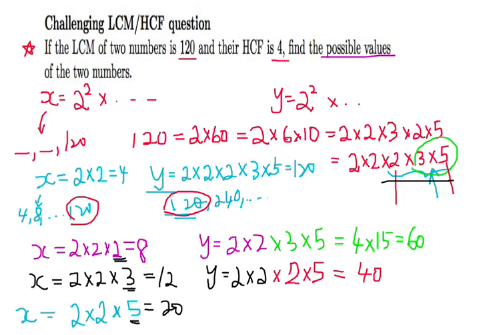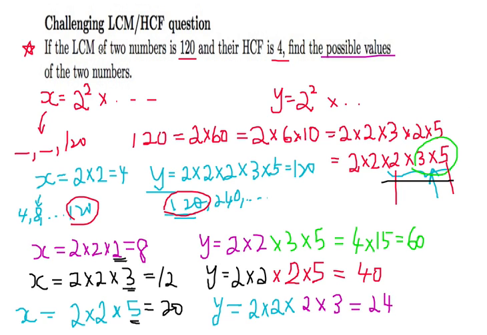And then y, we have 2 and 2 so that the highest common factor is 4. We can't multiply by 5, if not, the highest common factor will be 20. So what we have left is just 2 times 3, so this will give us 8 times 3, which is 24.